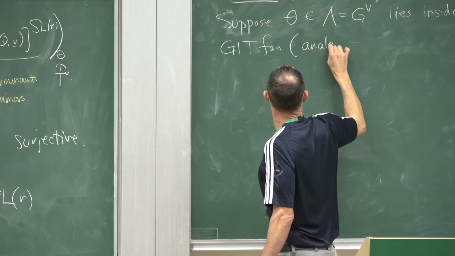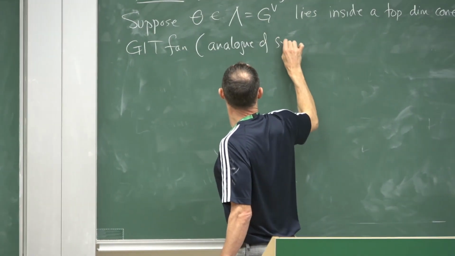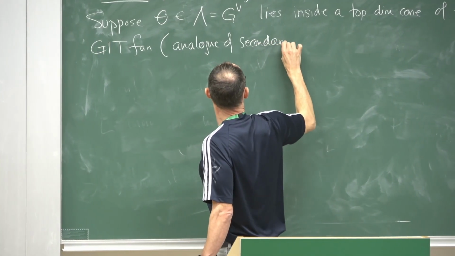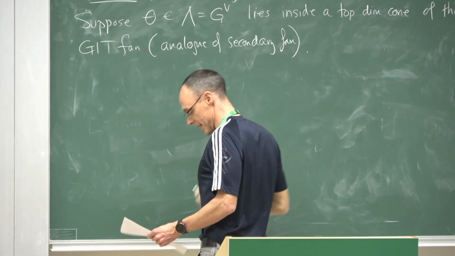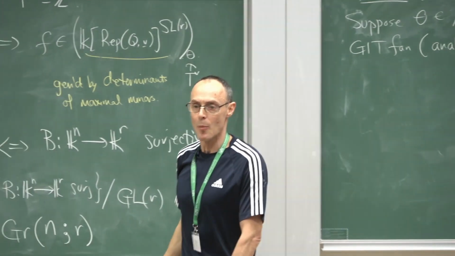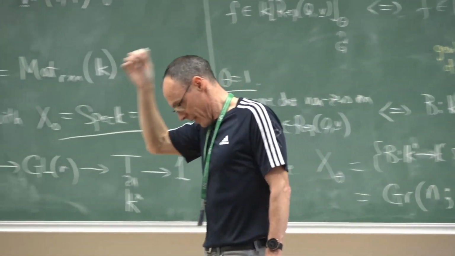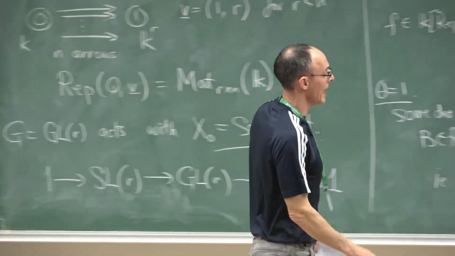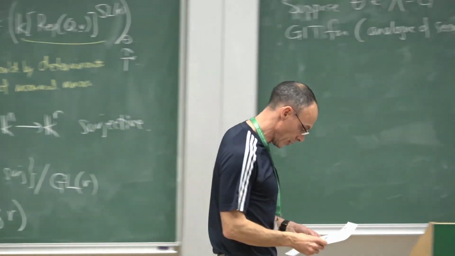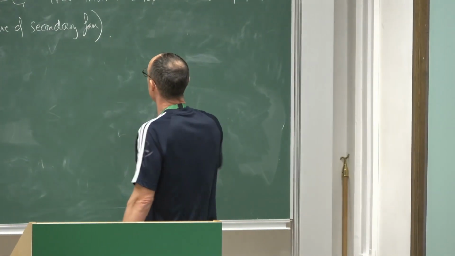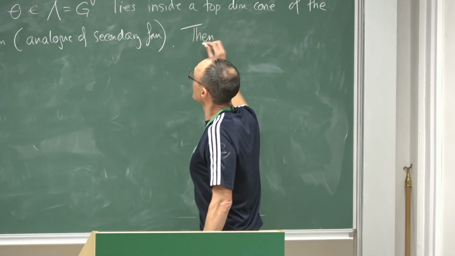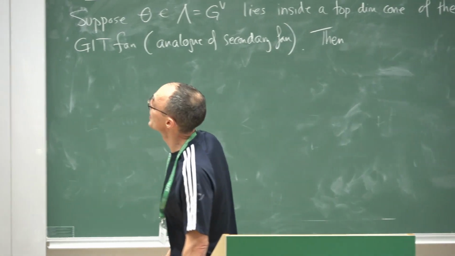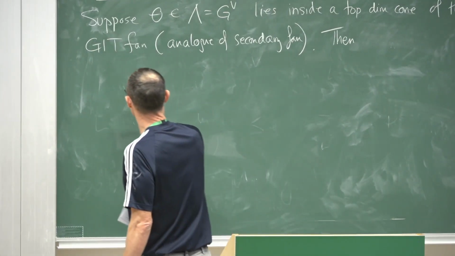This is the analogue of our secondary fan, and in fact, this is a wall and chamber decomposition, the decomposition that Sohaila talked about on Monday, with a much more complicated gadget. So this is a finite polyhedral setup. I'm adding in the assumption that it's in a top dimensional cone to get a stronger conclusion.